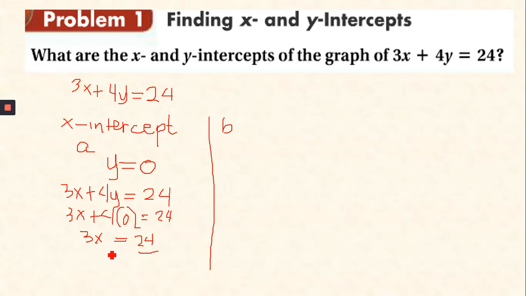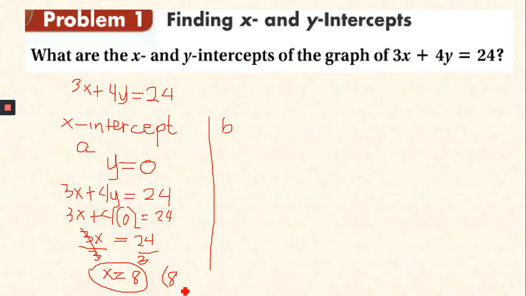Then you're going to divide both sides of the equation by the coefficient of x, which is 3. So 3 divided by 3, that is 1. So x now is equal to 24 divided by 3, that is equal to 8. So your x-intercept is 8. Okay? It can be in ordered pair.